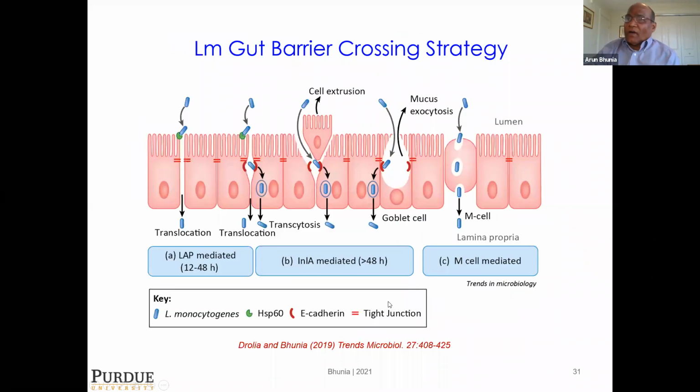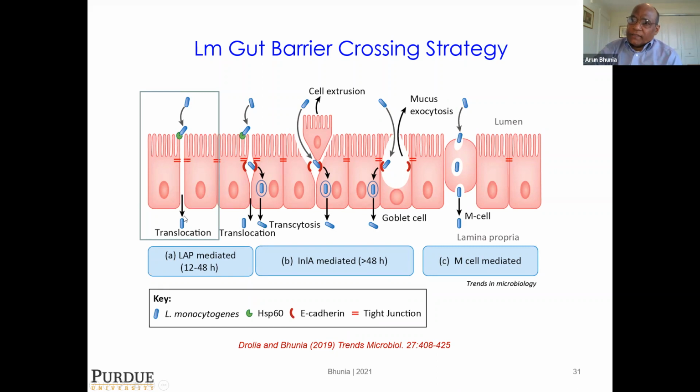So with that knowledge, obviously we can add that lab can open up the tight junction barrier, helping bacterial translocation. This happens pretty early in the infection process, anywhere from 12 to 48 hours. And also the next pathway, as I mentioned, lab can open up the tight junction, allowing Listeria Internalin A to interact with the cadherin and pass through this.